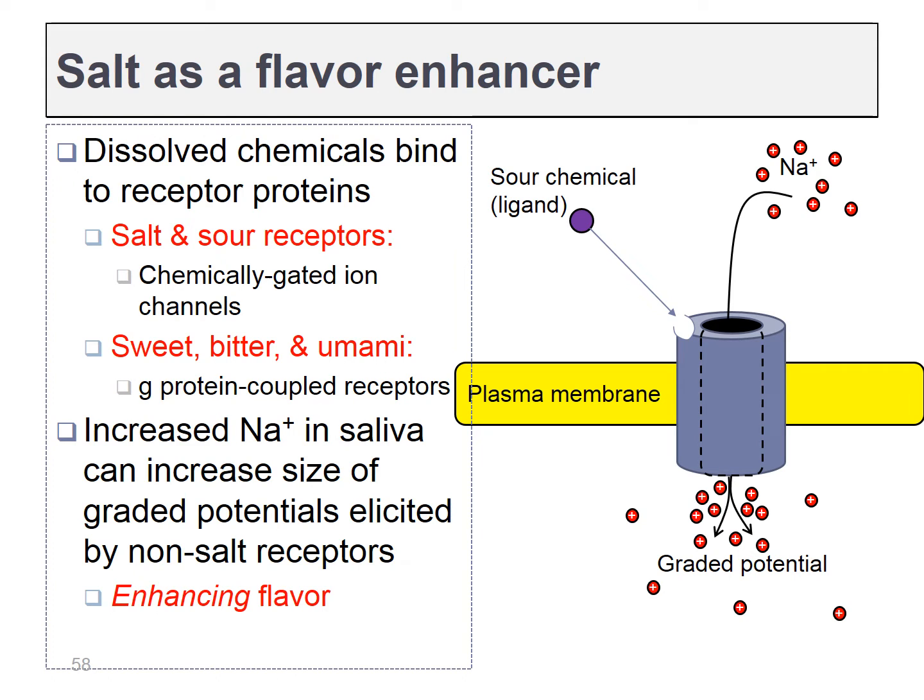But in this case, sodium is simply acting as a flavor enhancer. In fact, we add salt to many foods that we make, not so that it tastes salty, but so that it enhances other flavors within that food. Now, before I move on, for any of you food nerds out there, there's more than one way that salt can do that. For instance, a salt rub on meat can help pull water out of the meat because it's a solute.